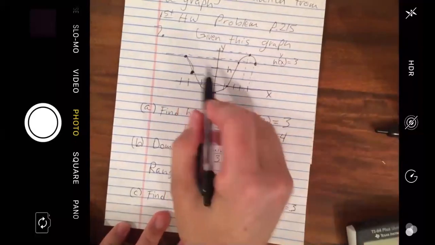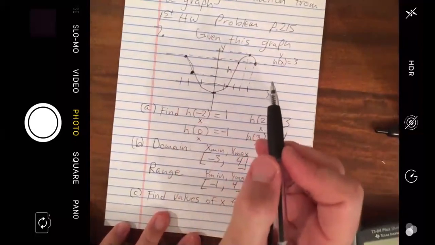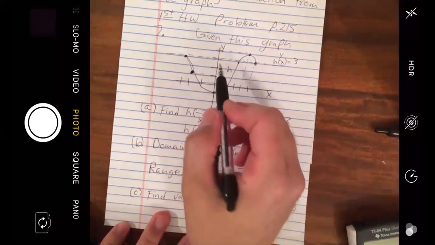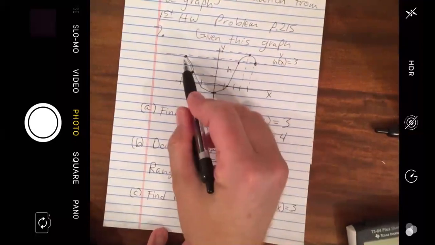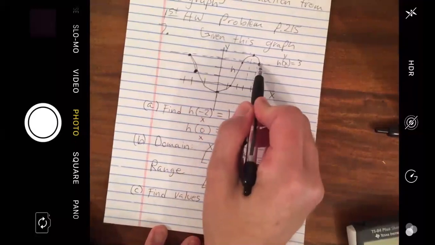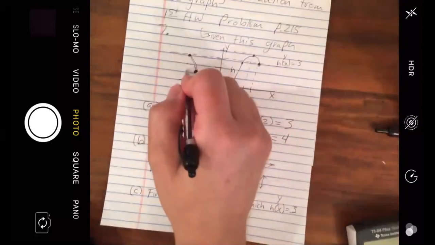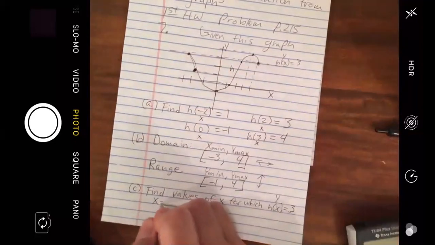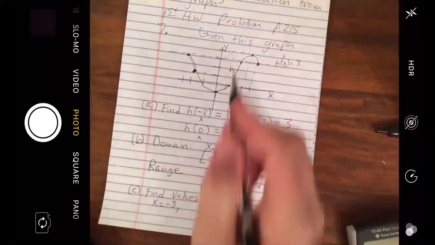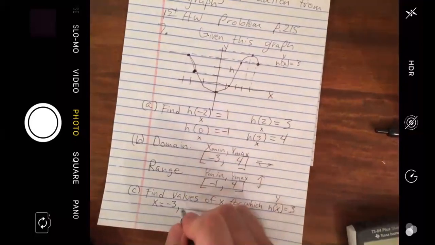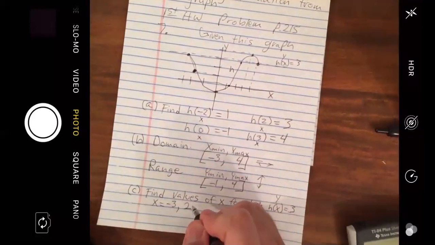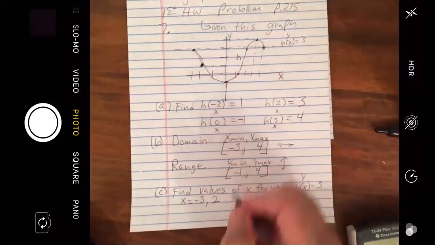Well, you're crossing in 3 spots. Here, here, and here. You want those X values. So the X value over here would be -3. The X value here looks like it'd be 2. And the X value on the very end of the curve would be 4.